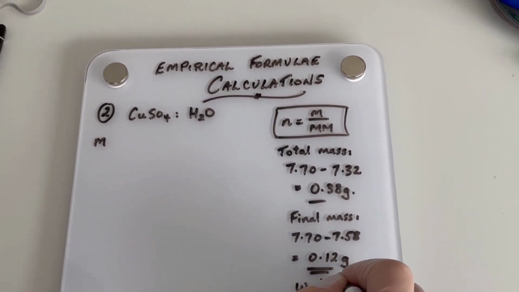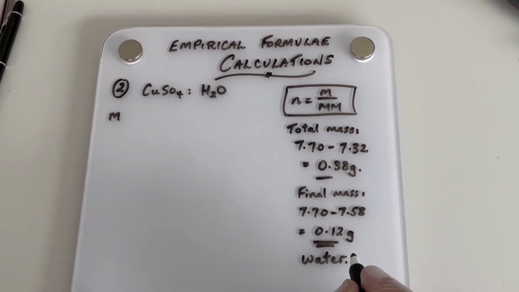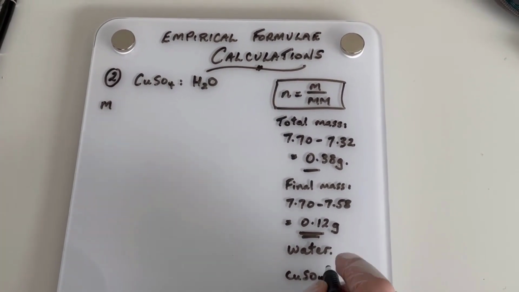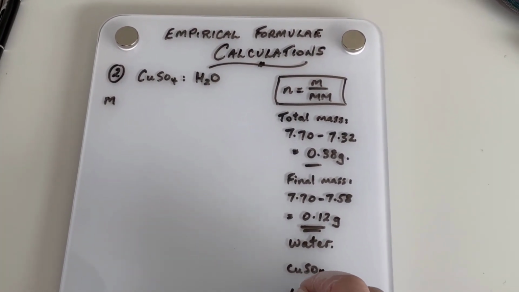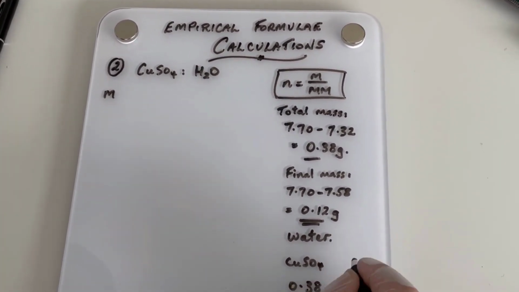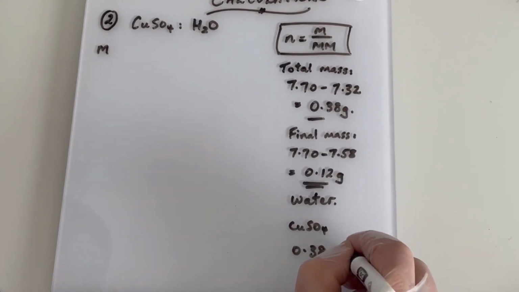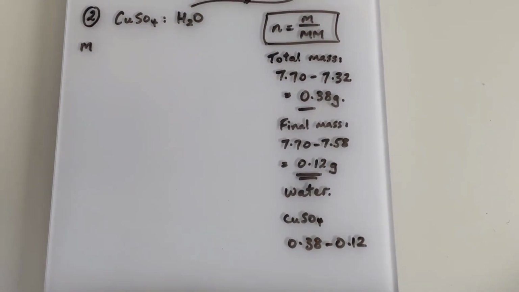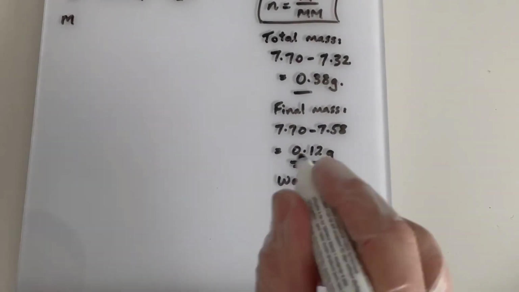So that was the steam that you saw disappearing. And therefore the copper sulfate must be 0.38, which was our total mass, minus 0.12, which was the mass of the water.